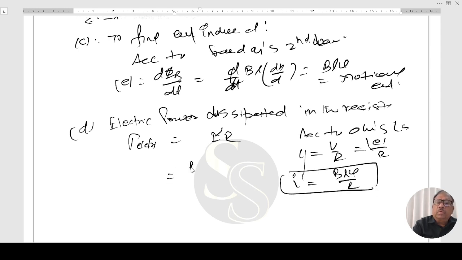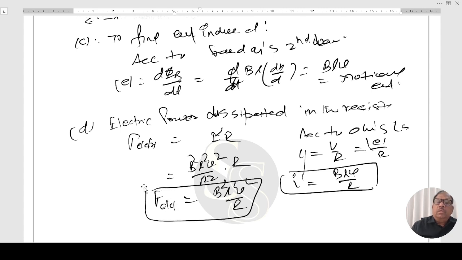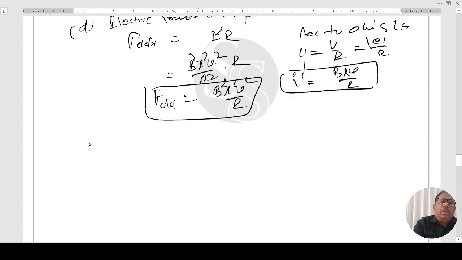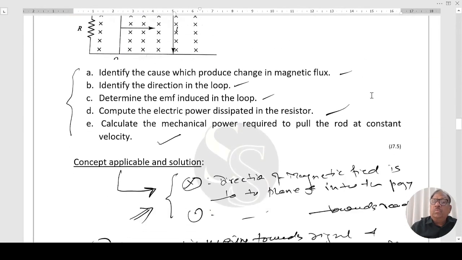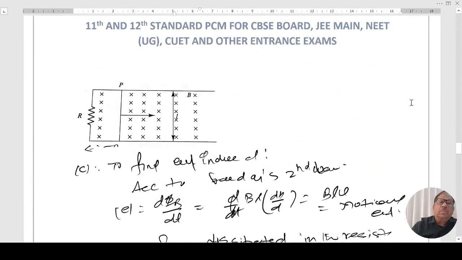That will equal B square L square V square upon R square into R. On simplification, this comes out to B square L square V square upon R. This is the electrical power and the heat dissipated. And next is the mechanical power supplied.